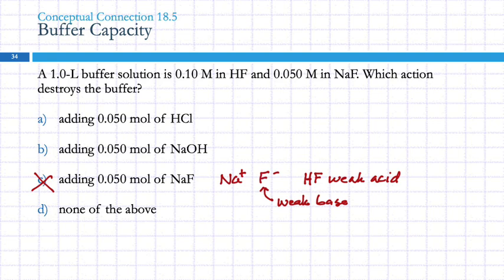Now we've got a choice between a strong acid and a strong base. The acid in our buffer neutralizes base. The base neutralizes acid. Which one do we have less of? We have less of this guy.